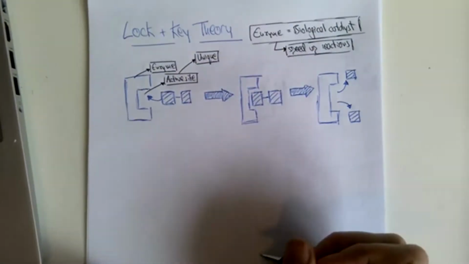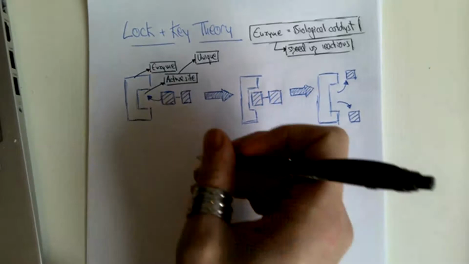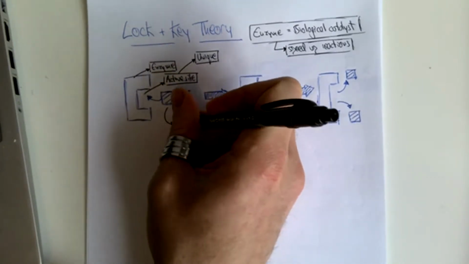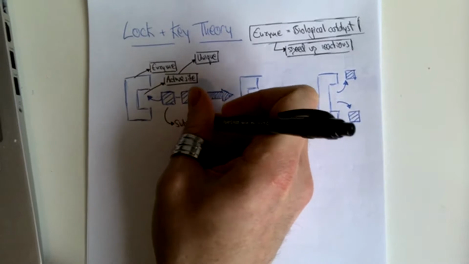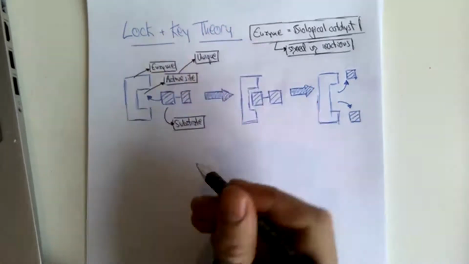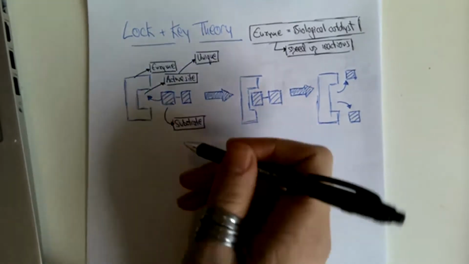Now, what happens at the active site is where substances are broken down. Now, these substances are often referred to as substrate molecules. Now, these substrate molecules are specific to the active site.